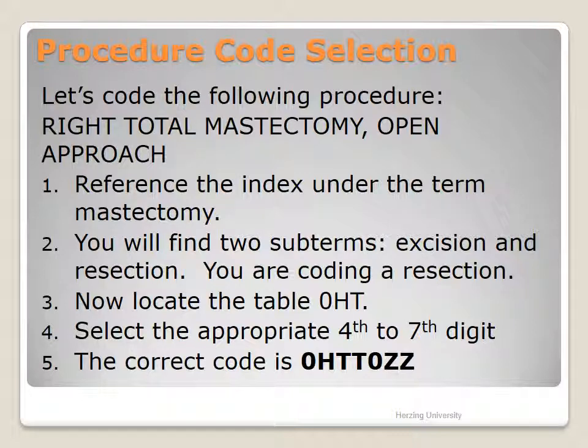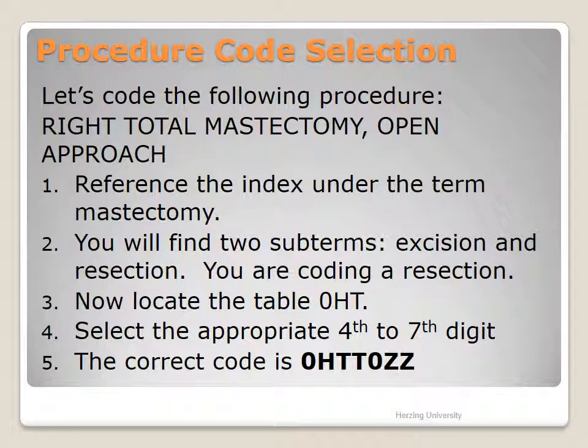If you look at PCS guidelines, you're going to code a resection because the guidelines read, resection of a specific body part is coded whenever all of the body part is cut out or off, rather than coding excision of a less specific body part.